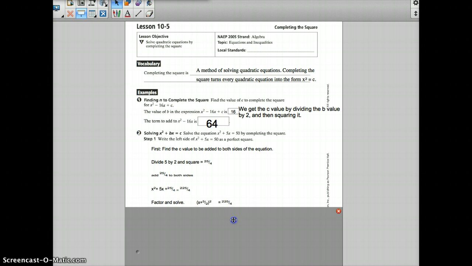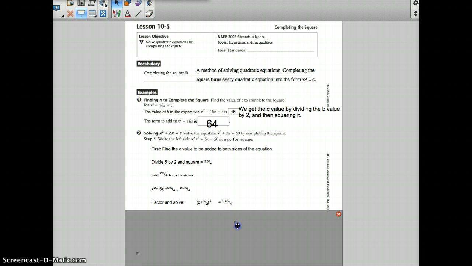So now we can factor the left side, and we created a perfect square, so we make sure that we have a perfect square here. We've got x plus 5 halves quantity squared equals 225 over 4. So now in order to solve, we can take the square root of both sides.